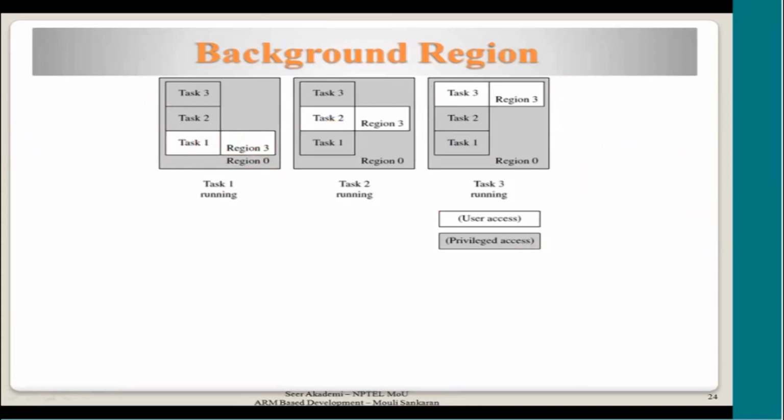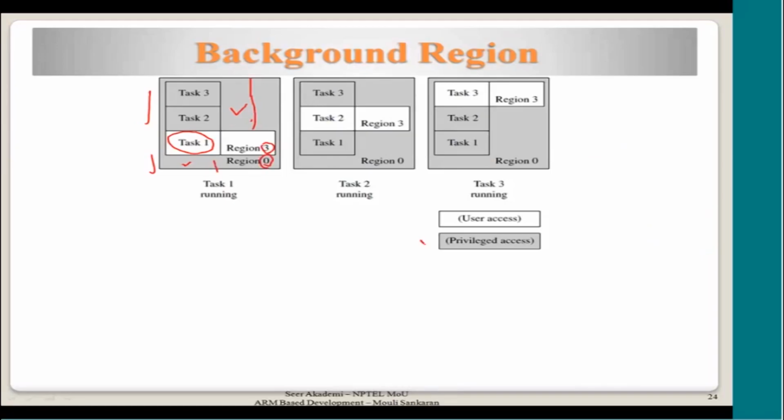Can you get it? If it tries to access anything outside, which attribute will become active? The region 0 attribute will become active, because region 3 is not covering this area. So region 0 becomes active.